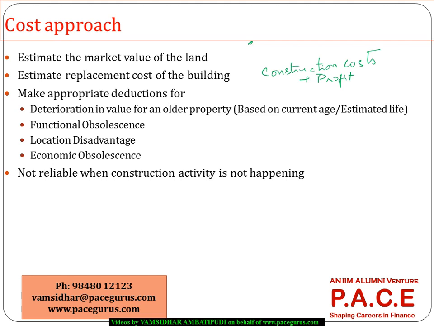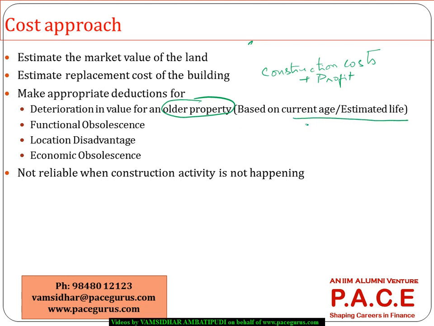So now make the deductions which are specific to the current building. Some defects that are associated with the current building, especially from the scenario of physical depreciation or physical deterioration, which is based on the current age to the estimated life.